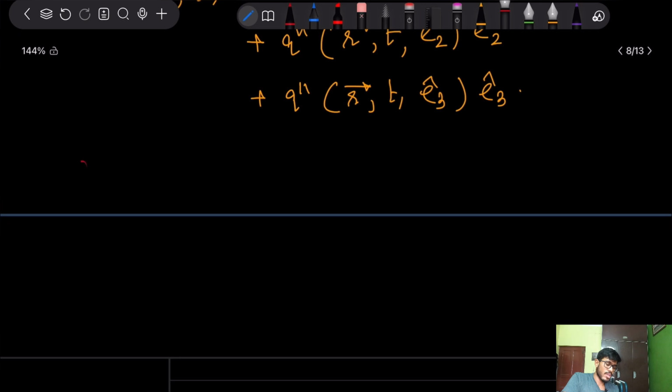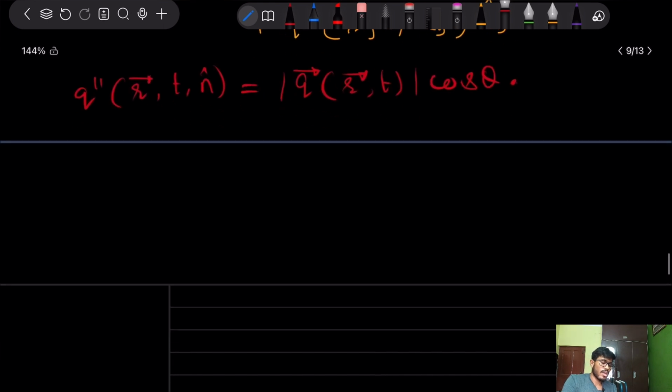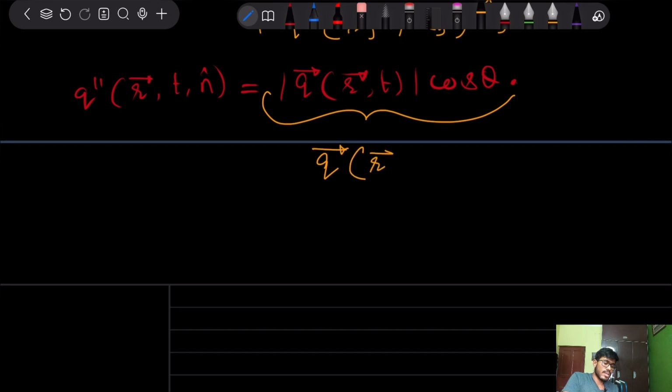So that will be q double prime at r comma t comma n cap is equal to mod of q bar, a function of r comma t, into cos theta, right? Now what is this? This is nothing but q bar dot n cap, right?